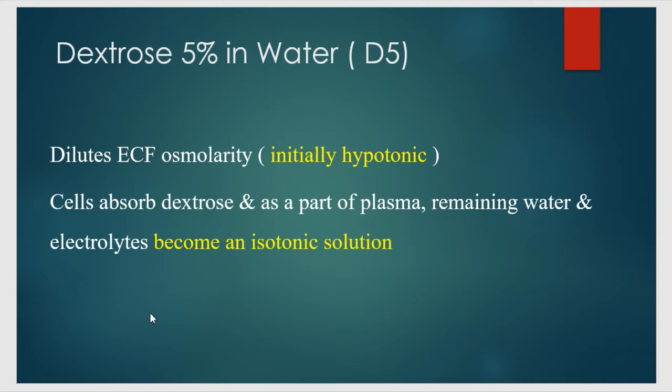So initially D5, whenever we are infusing it inside the patient, is slightly hypotonic, and after absorption and consumption of dextrose by the body, it will become an isotonic solution.